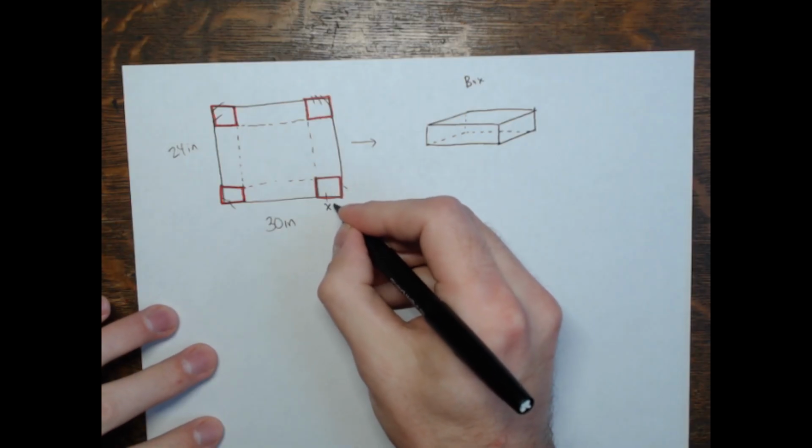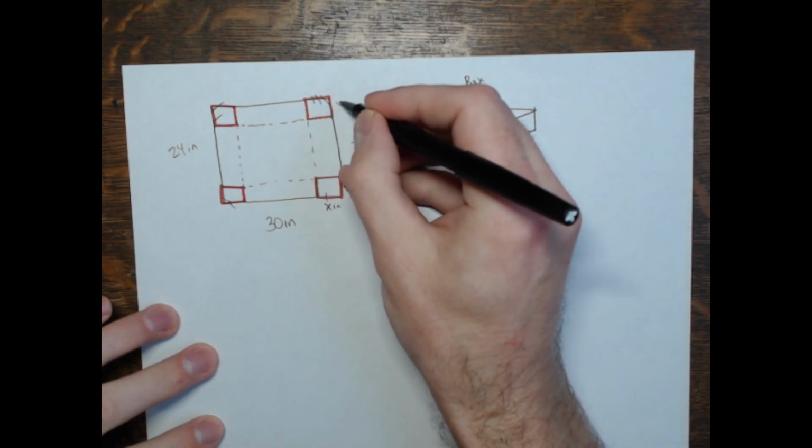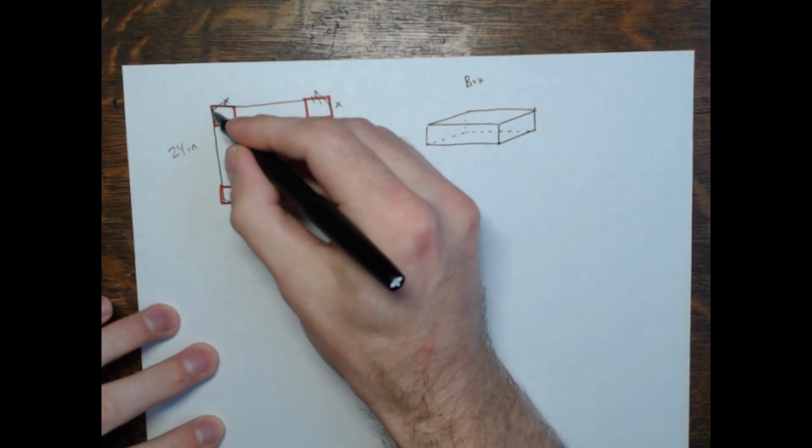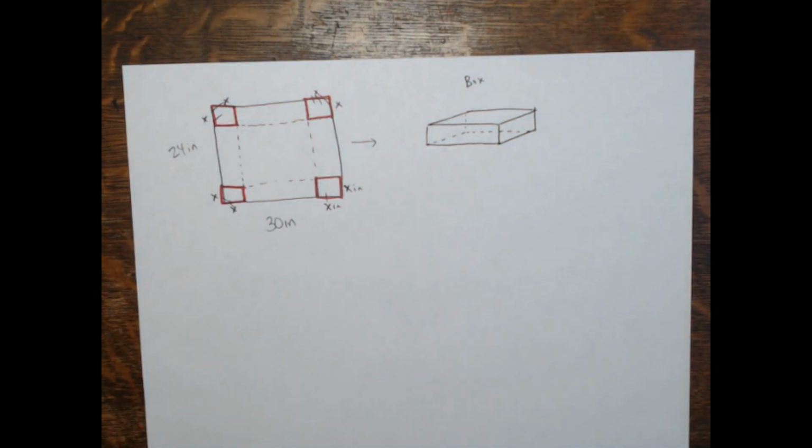So cutting x inches by x inches, and this is x by x, x by x, x by x. You're cutting an x by x square out of each corner and then folding up the flaps.